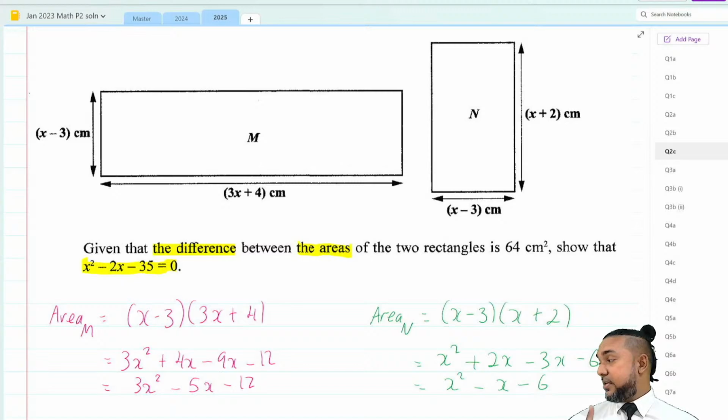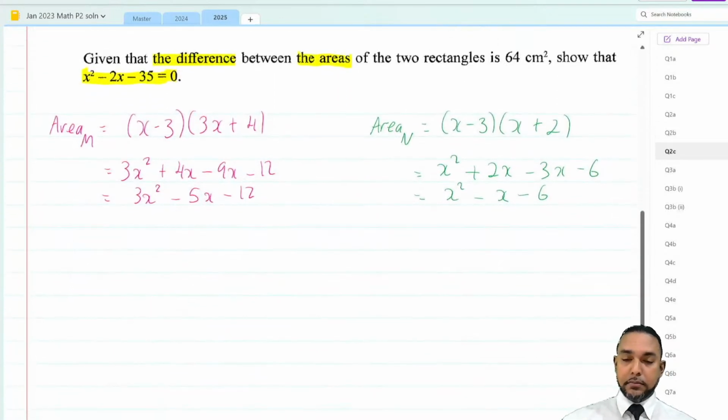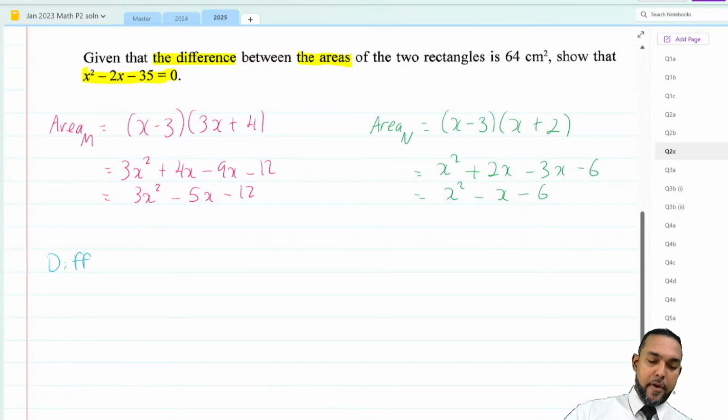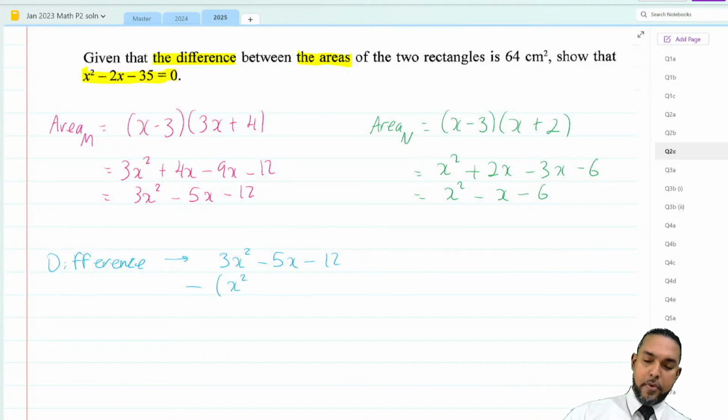Now they said the difference between the areas is 64. So 3X squared minus X squared is 2X squared, right?